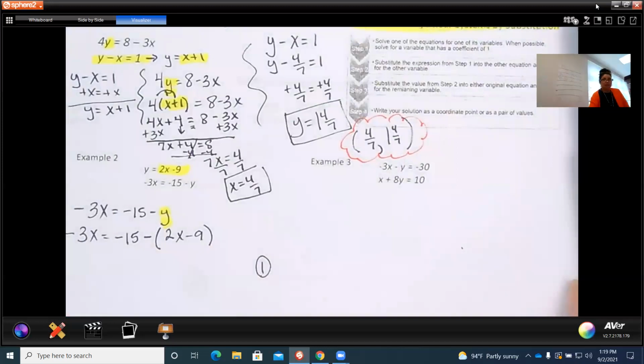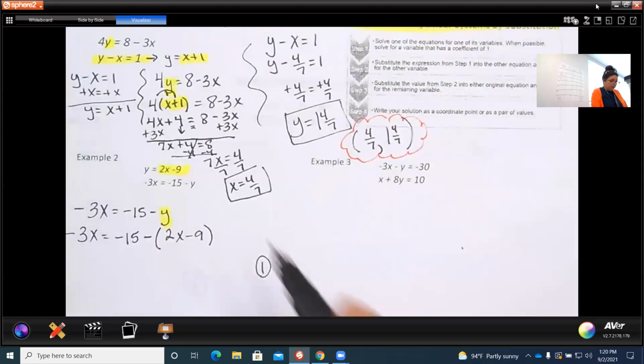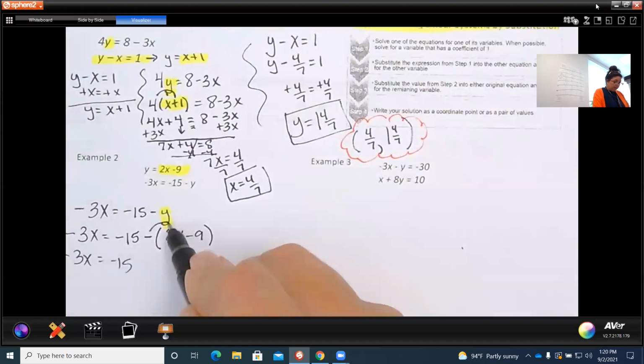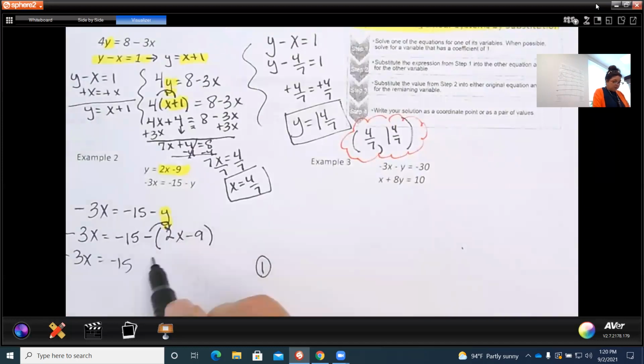So how am I going to start this? I only have x's now. Distribute, okay? So negative 3x equals negative 15. Distribute the negative. Negative times positive 2x is negative 2x. Negative times negative 9 is positive 9. On the right side of the equation, don't I have some like terms that I can combine?